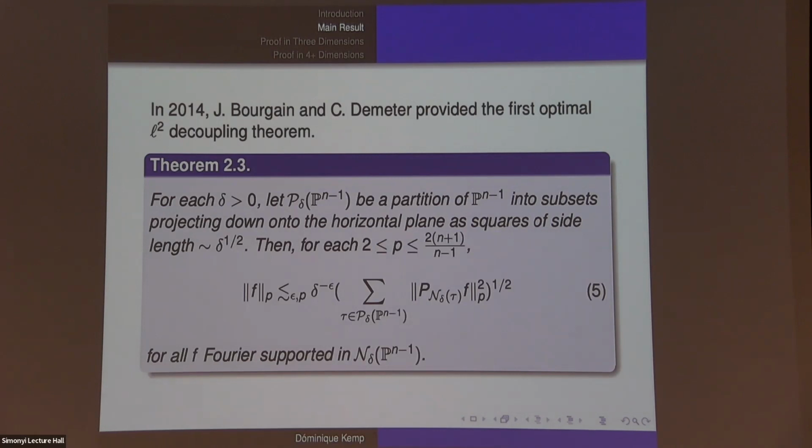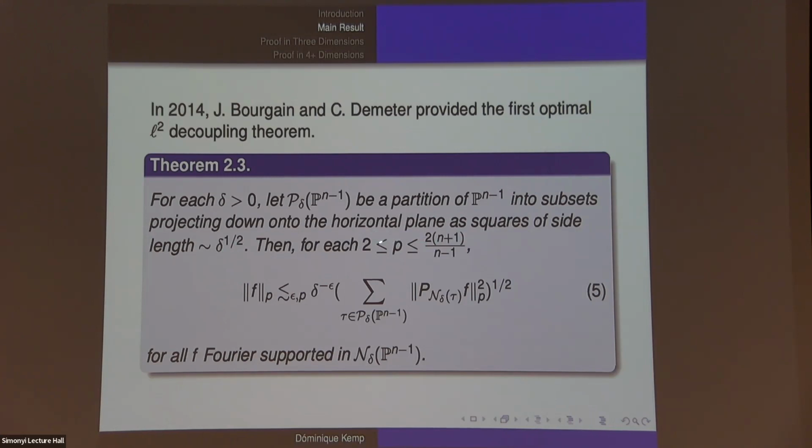Okay, so in 2014, the first optimal L2 decoupling theorem was provided by Bourgain-Demeter. This was the starting point, providing us an actual decoupling engine, if you will. But we only need this theorem for the two-dimensional case, n equals 2. In that case, you partition the parabola into intervals in the horizontal axis of length essentially delta to the 1/2.